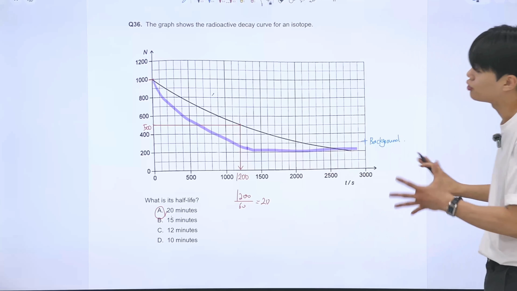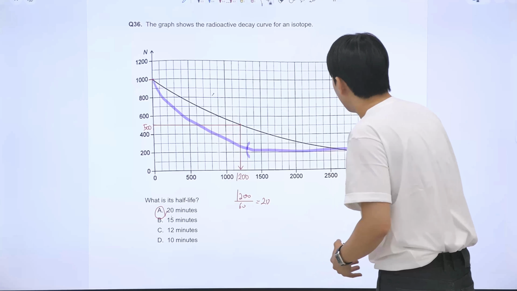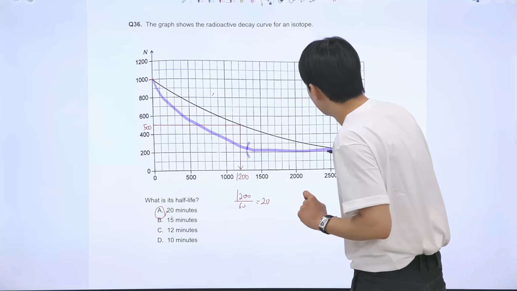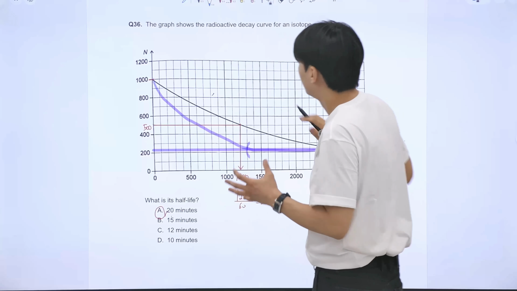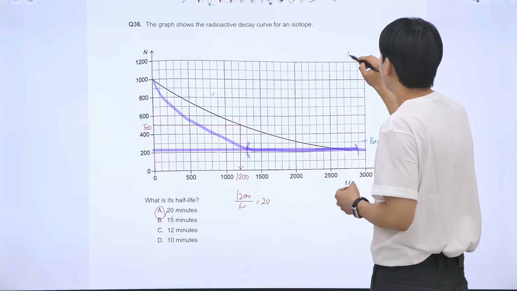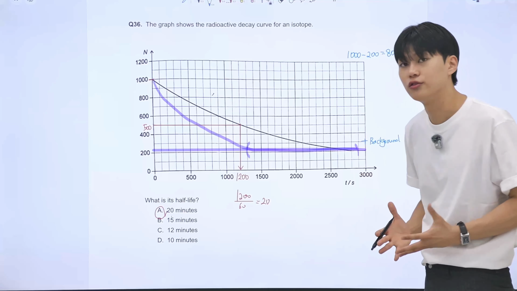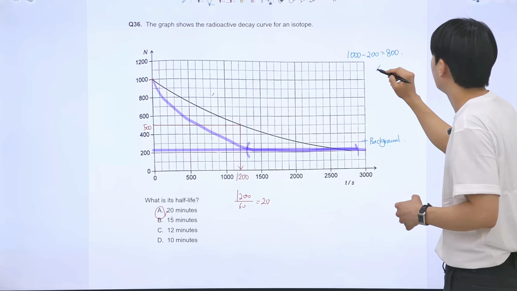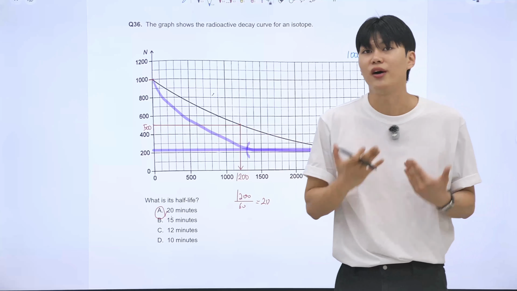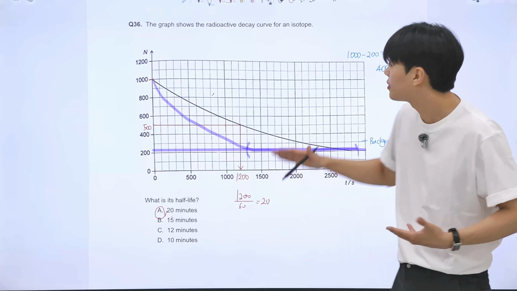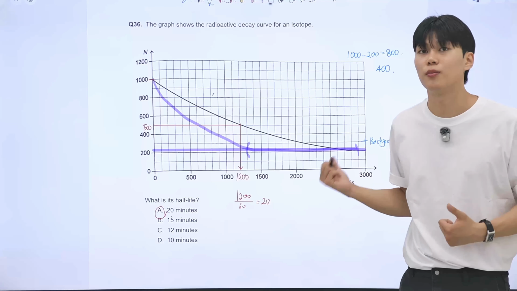Let's assume we have this kind of thing, then we have to take account of the background radiation. For example, the background radiation should be 200. In that case, we have to subtract 1,000 minus 200, which is 800, our initial value. Then we divide it by 2 to get 400, and we have to read the 400 line for the half-life. But in this case it is not about the background radiation, so we're going to just move on to the next one, but sometimes it is.